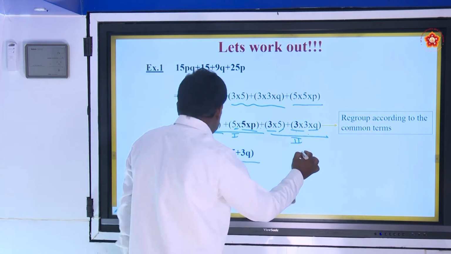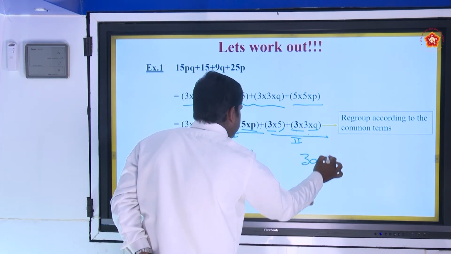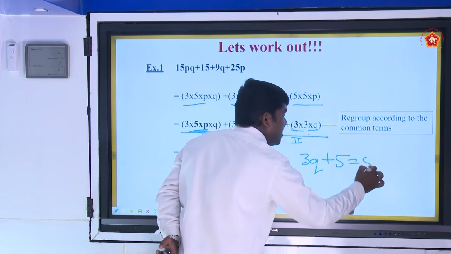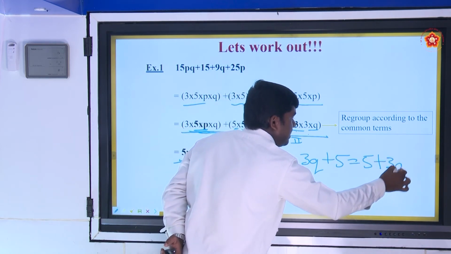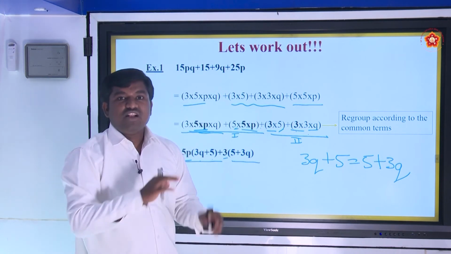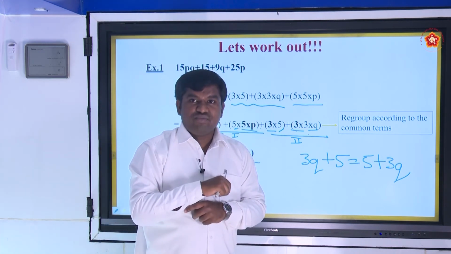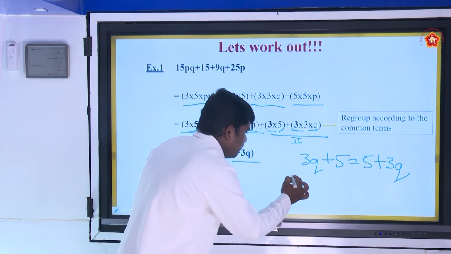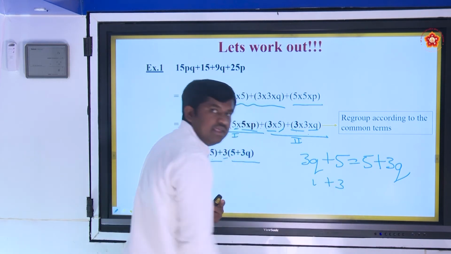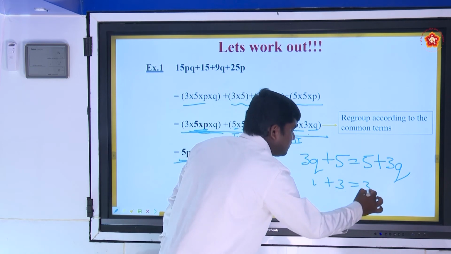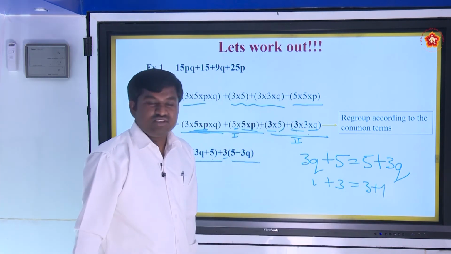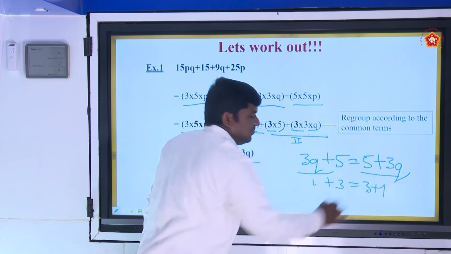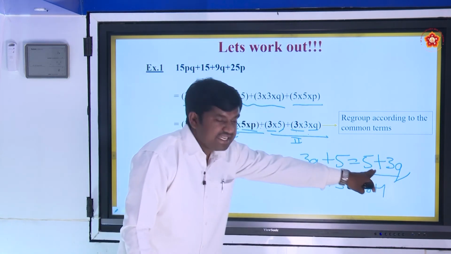Is 3q plus 5 equal to 5 plus 3q? It means very simple, 1 plus 3 is 4. In the same way, 3 plus 1 is also 4. See, 1 plus 3 is nothing but 3 plus 1. Yes, in the same way, if you arrange these two, these two are the same.